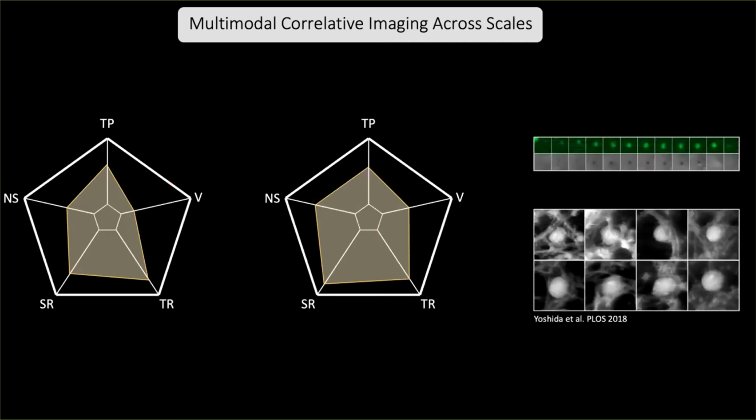Finally, here is a completely different modality that is not covered by CLEM, because it's atomic force microscopy, but still yet another high resolution approach that is intermediate between light and electron microscopy.